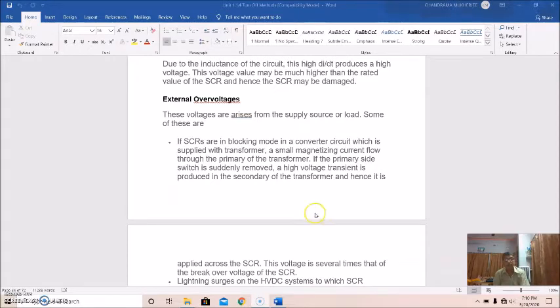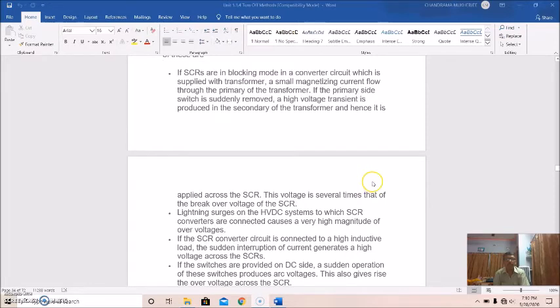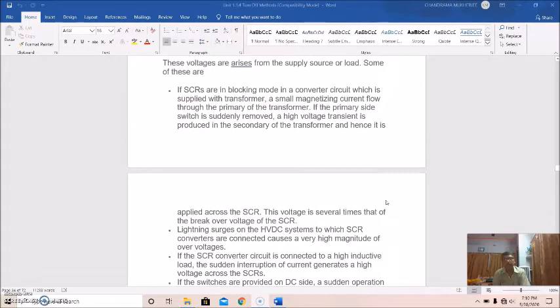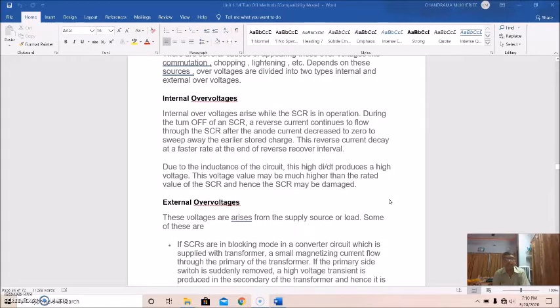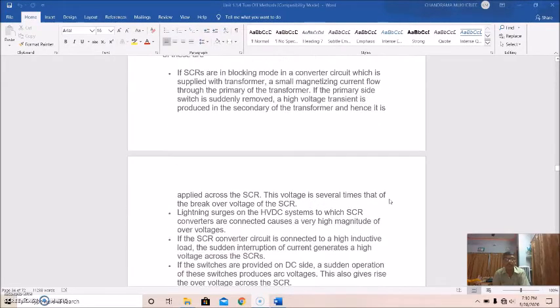If the primary side switch is suddenly removed, a high voltage transient is produced in the secondary of the transformer, and it is applied across the SCR. This voltage is several times the breakover voltage of the SCR. This is one of the reasons for external overvoltage.